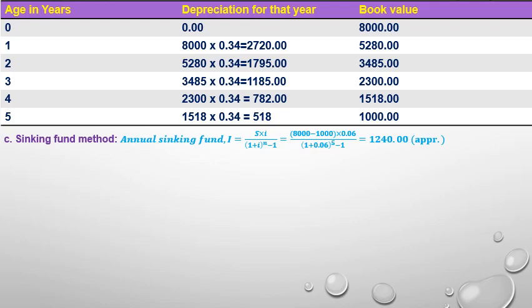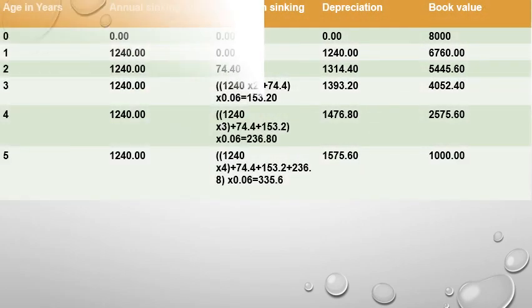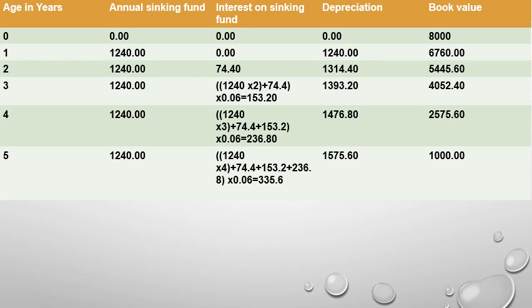This problem is also solved by the sinking fund method. Annual sinking fund comes out to be 1240 at 6% interest. First year the annual sinking fund is 1240, and depreciation is 1240.